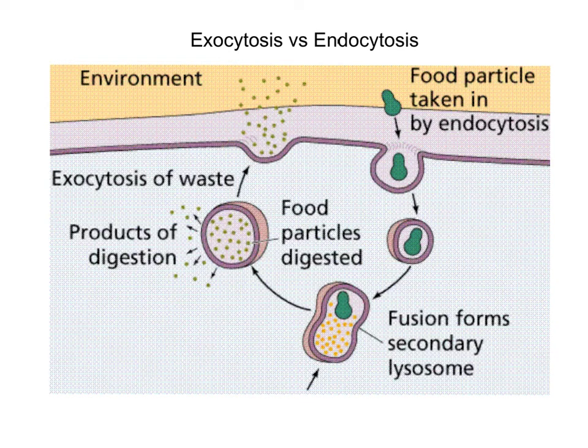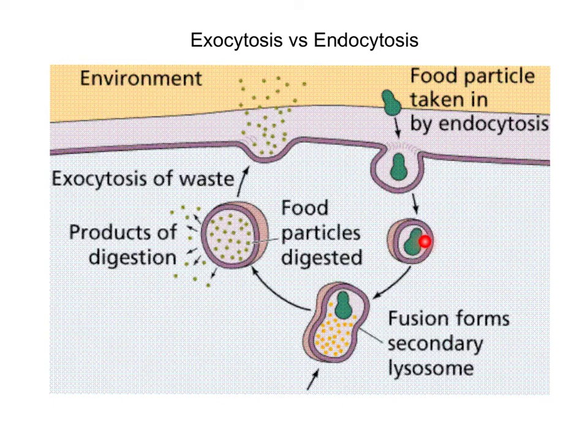Exocytosis versus endocytosis. Here in this diagram, you can actually see endocytosis, endo meaning in, where food particles are taken in. Specifically, this is a form of endocytosis called pinocytosis, which we'll get to later, where a little pinhole pops in there.